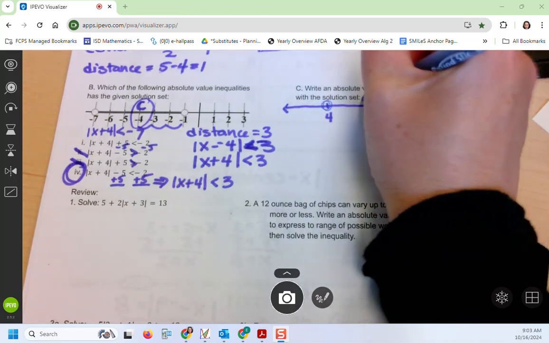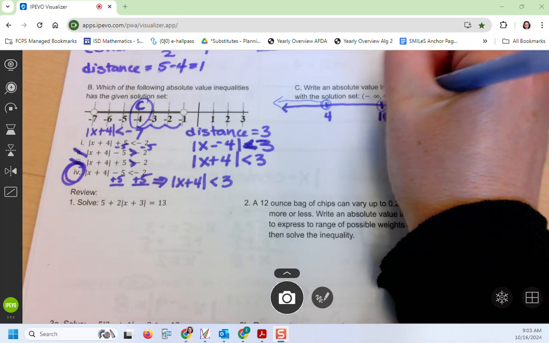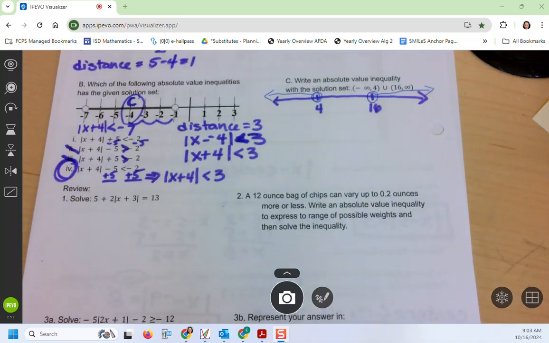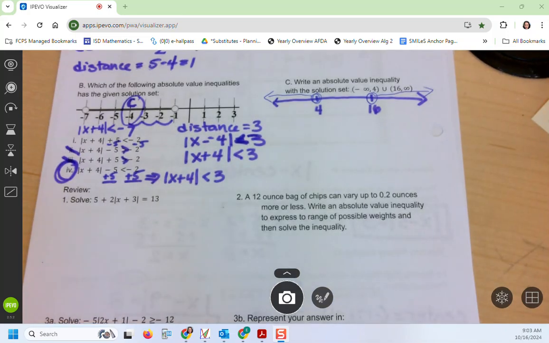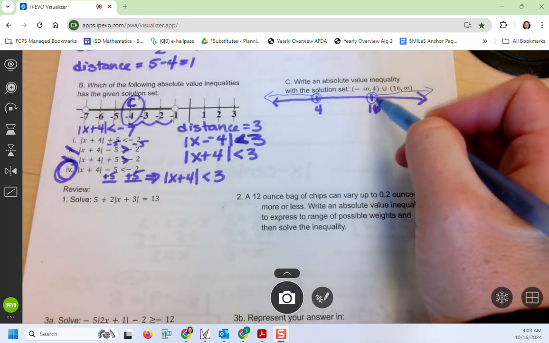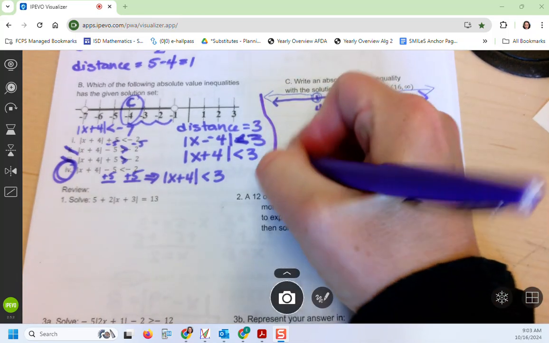So this side goes to negative infinity, and this side goes to positive infinity. Once you change your interval notation to a number line, you can see that this actually does look like a problem we've done before, right? Now, I don't have all the little lines in between to count my center, so I'm going to suggest that you find the center by averaging those numbers.